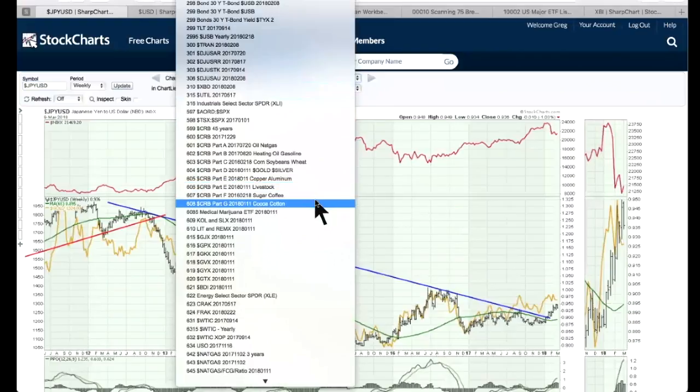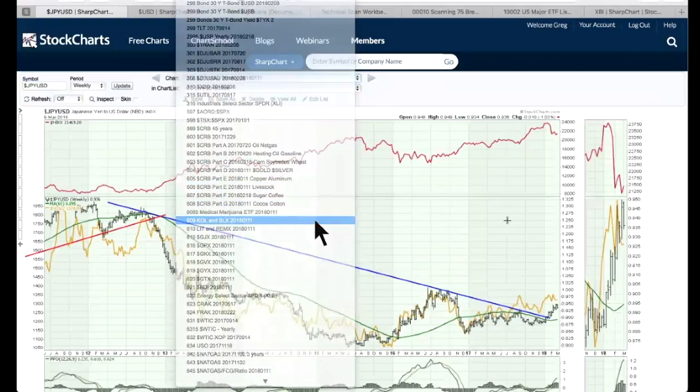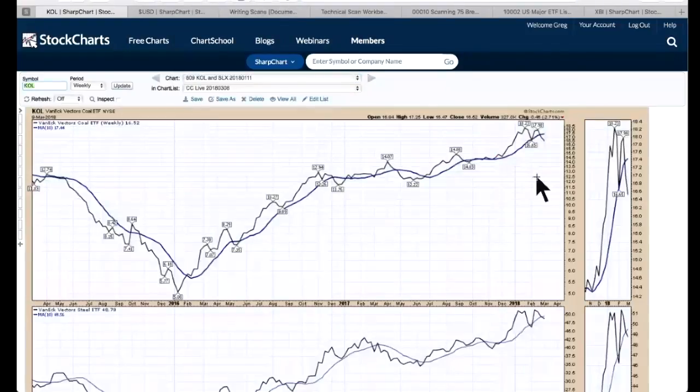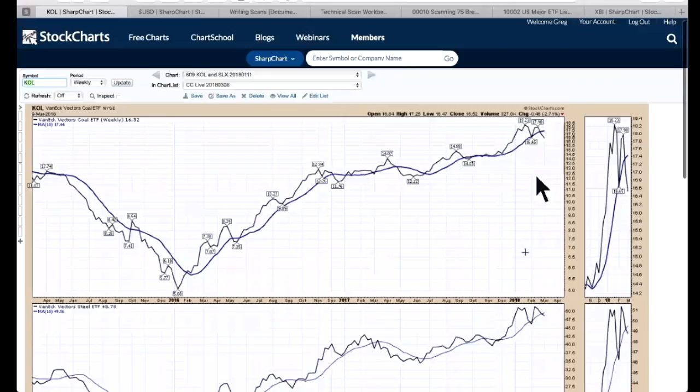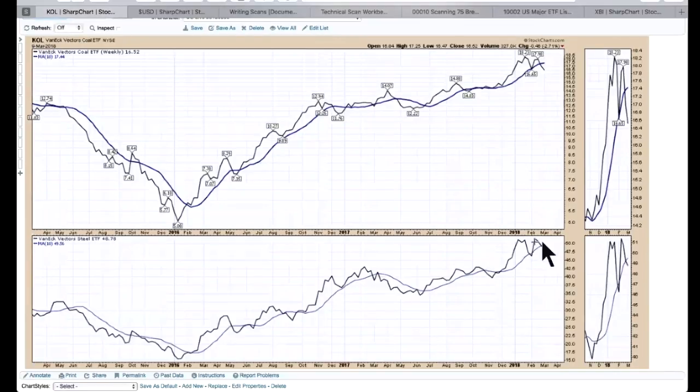And even if we go look at coal and steel. Steel has been in the news this week for the tariff discussion and all that kind of stuff. But what we actually had even before the tariff discussion started was a double top structure setting up here in steel, and we're still in the top right hand corner, so it's too early to call anything.